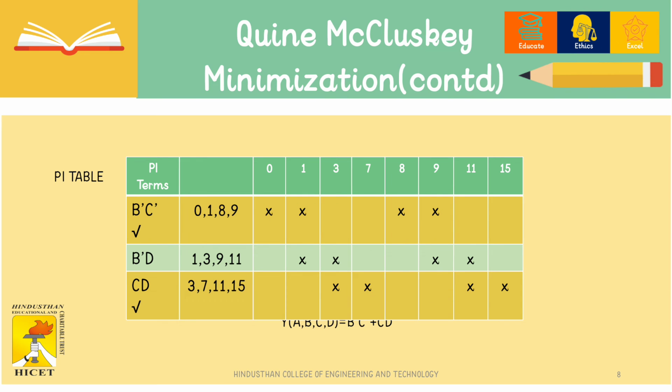So in the prime implicant table, we have to write the terms which we have obtained from table 3 column wise, and then we have to write the minterms which have been given in the problem in the first row. Now the first term b dash c dash is being covered by 0189, which we can get from table 3.